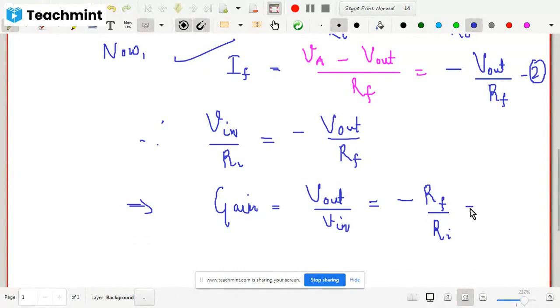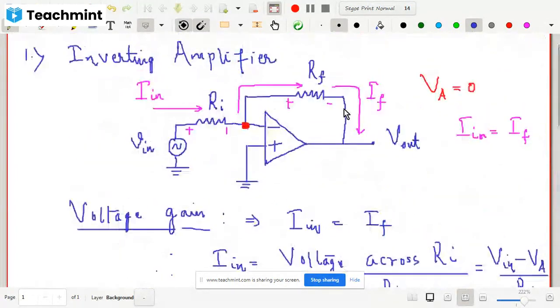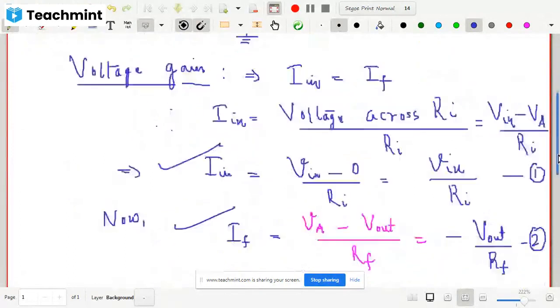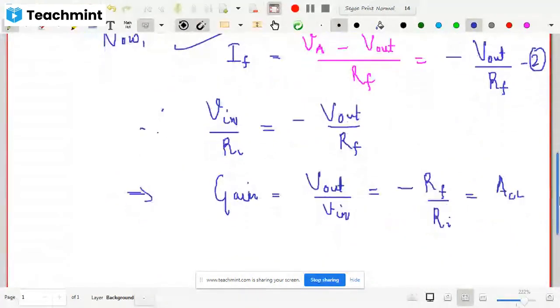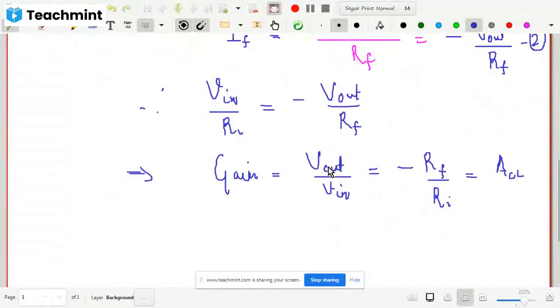So this is nothing but the closed loop gain. We will represent it as A_CL. Why is this the closed loop gain? Because we are calculating the gain for a feedback amplifier. So this is how we get the value of gain. The gain, that is V_out by V_in, is given by minus R_F by R_i.